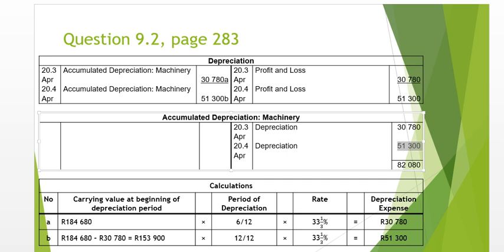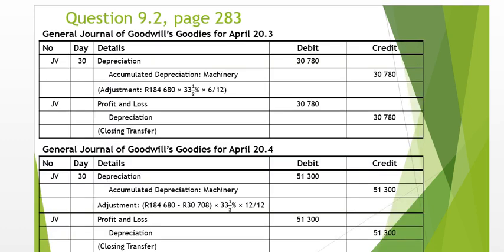And in total, our accumulated depreciation as per the end of 2004 was then 82,080 rand. Recorded in our general journal, we will debit our depreciation account and credit our accumulated depreciation account. So that's just dealing with our straight line method and our diminishing balance method, and how we account for it in our general ledger and our general journal.